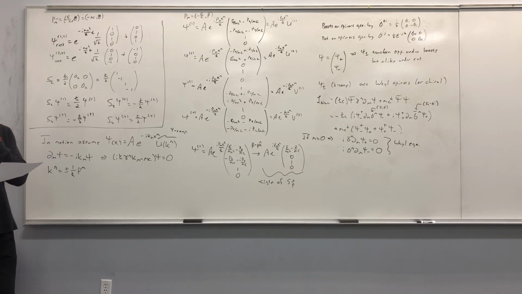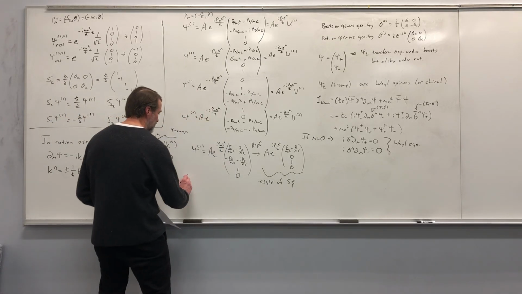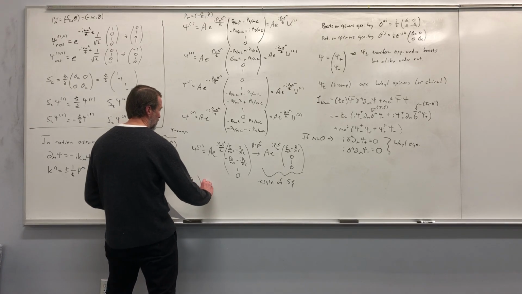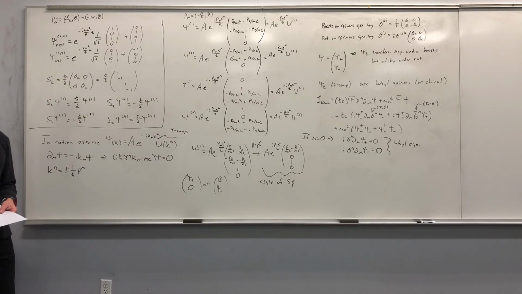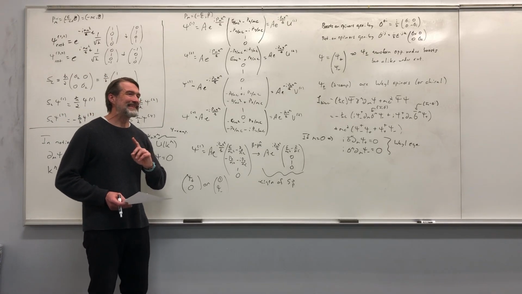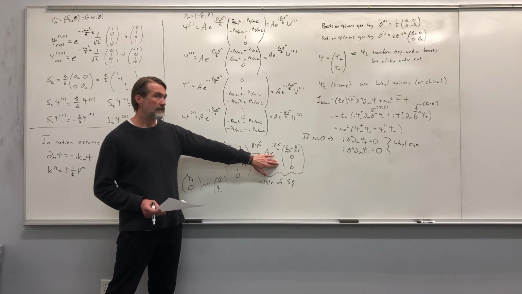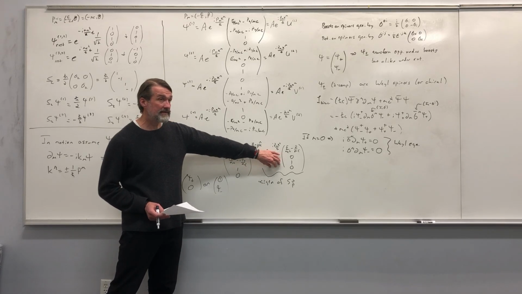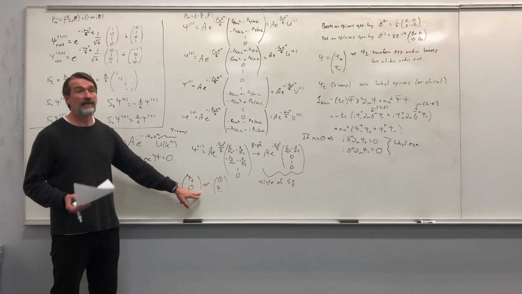Is it an eigenstate of pure chirality? That is, is it either psi plus, 0 or 0, psi minus? Nope. So what I want you to notice is that in the massive case, a state which is the eigenstate of this is not basically a Weyl eigenstate.